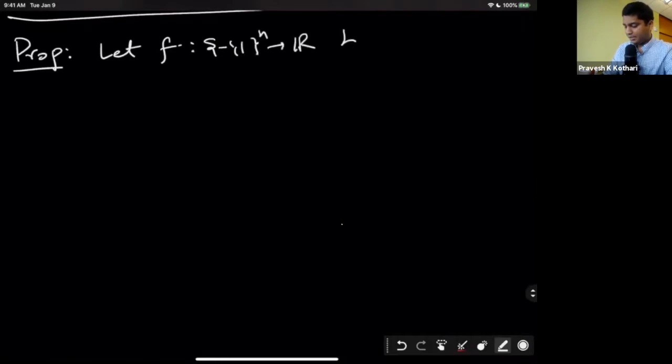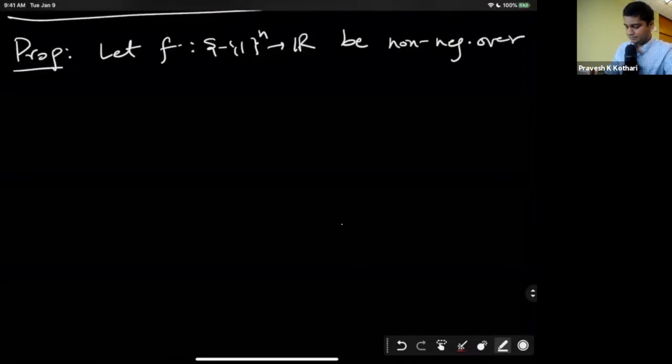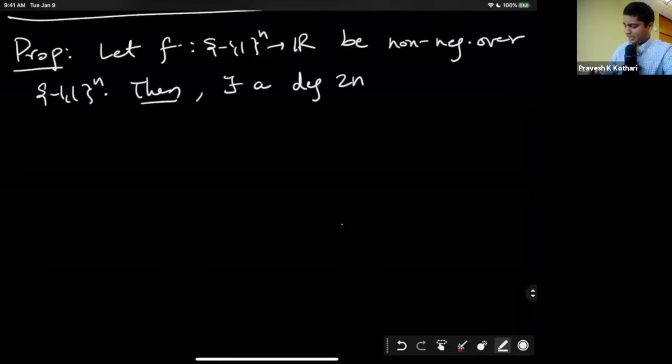And so I want to prove a proposition, which is that, let f from {-1,1}^n to the reals be non-negative over the hypercube, then there exists a degree 2n SOS certificate of non-negativity of f.